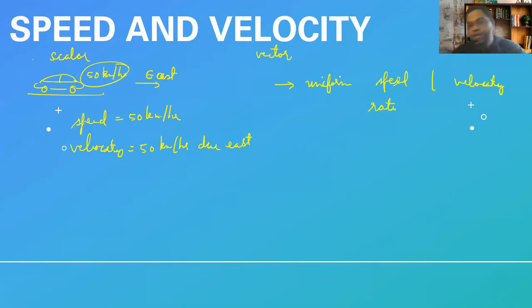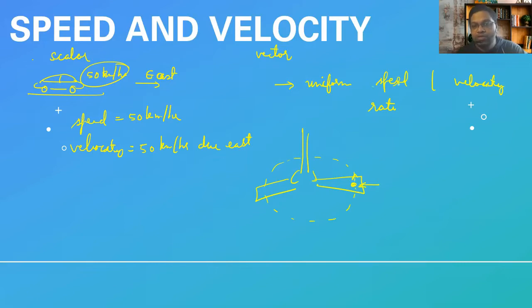For example, when you talk about the speed of a fan, unless you change the regulator, the fan keeps moving at a constant speed. Suppose you paint a dot on the blade. This dot is going in a circle, but the speed is constant, because after every 1 second the dot comes to the same place.